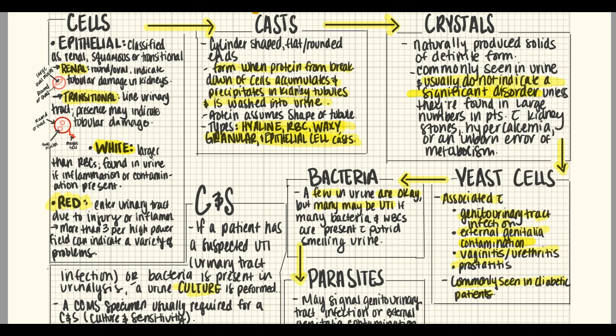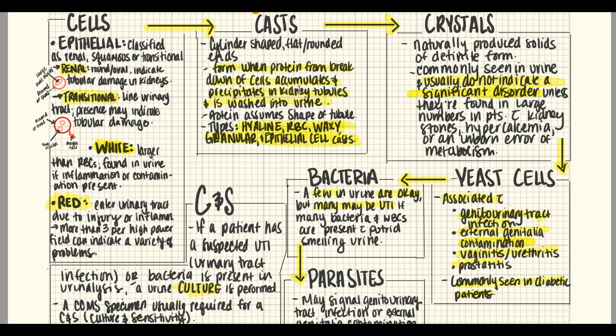They can be there from a vaginitis or urethritis infection, or even from prostatitis. Yeast cells are commonly seen in diabetic patients' urine because diabetic patients have a lot of yeast infections, so we can see those pretty often.